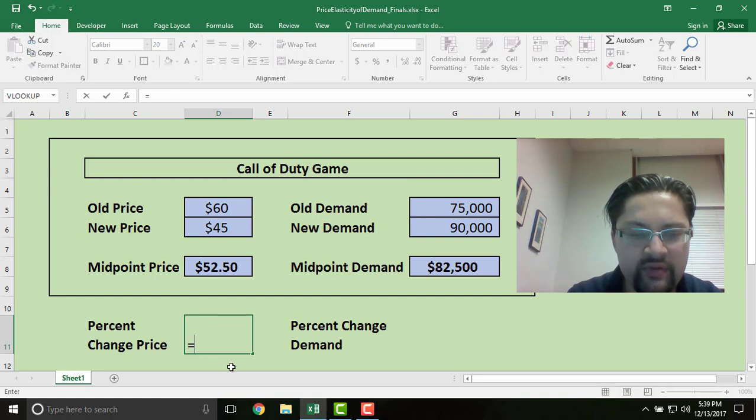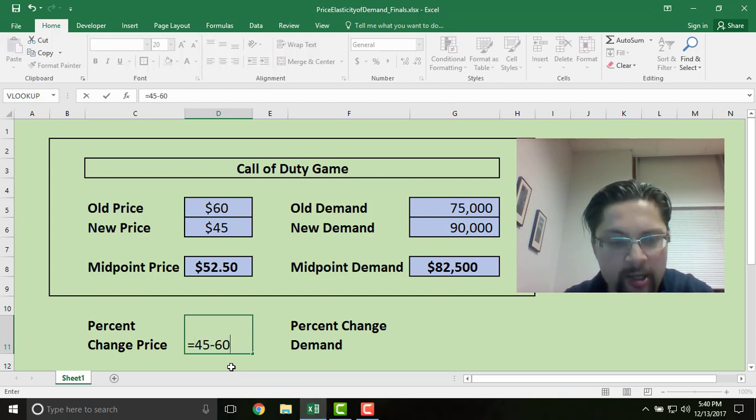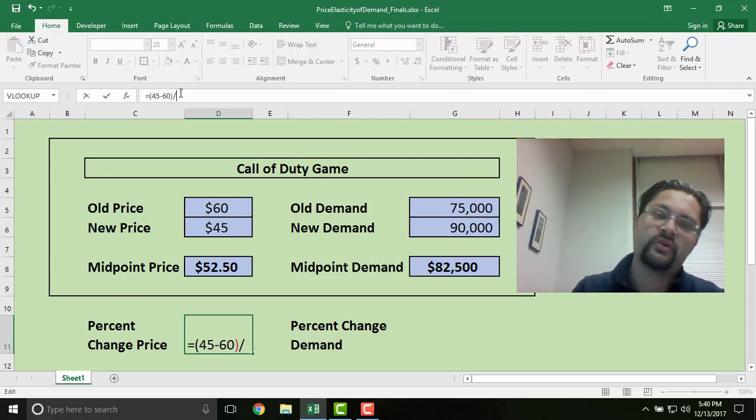So if you remember percent change using midpoint method, it's 45, so the new price, minus 60, the old price, divided by the midpoint. Okay, this is why we did the midpoint in the first 2 steps, because we need to find a common denominator that would work whether we subtract 60 from 45 or 45 from 60.